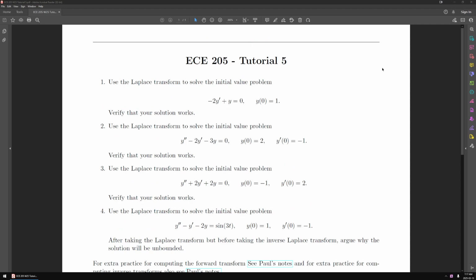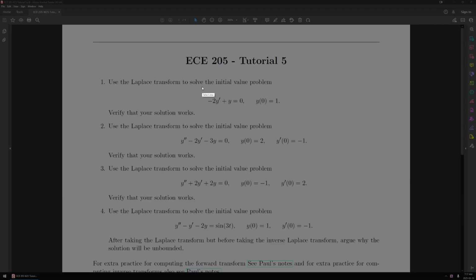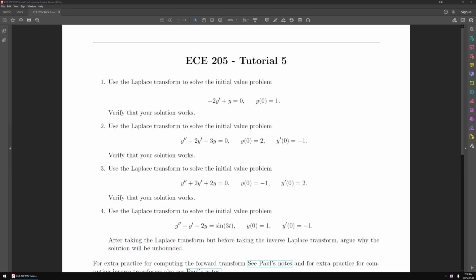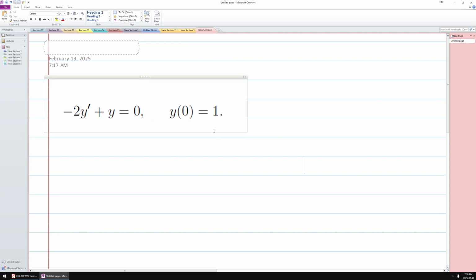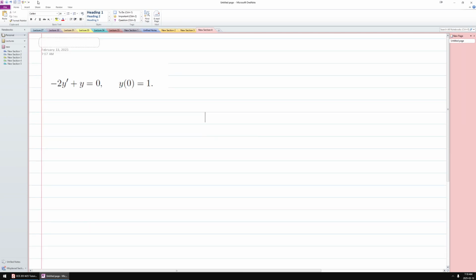So, what I'm going to do is I'm just going to grab the statement from here, and we're going to try OneNote. There we go. Okay, so if I want to solve this, the first thing I need to do is apply the Laplace transform to everything. So, Laplace transform being applied to the differential equation, what happens?